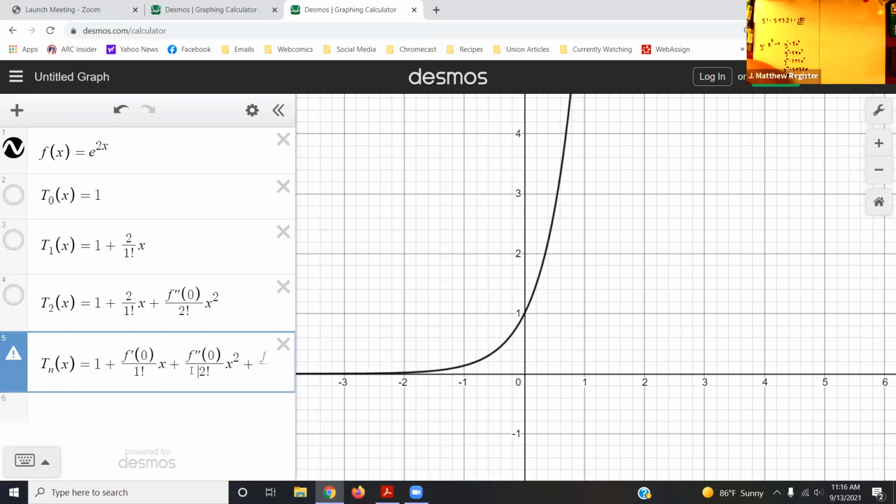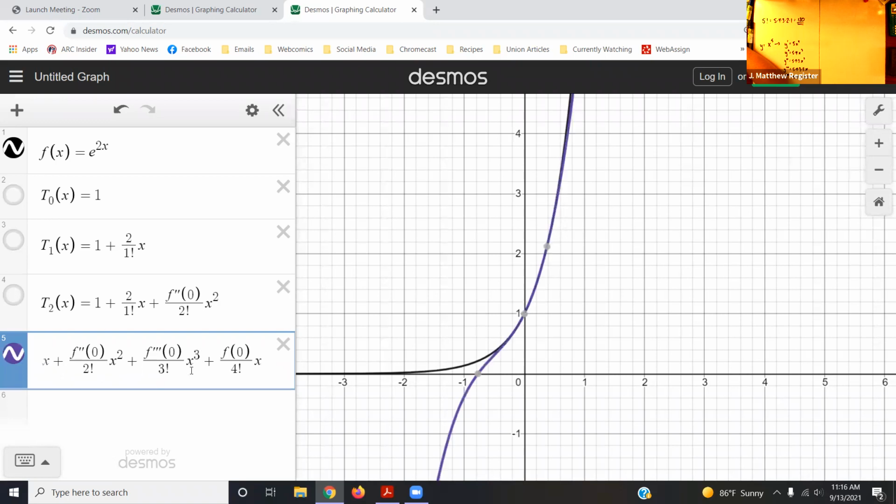We need something before that symbol. Let's say F 1, 2, 3, 4. That's why. Cool. And so now we've got this one, x to the 4th.